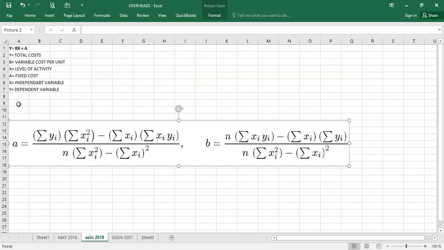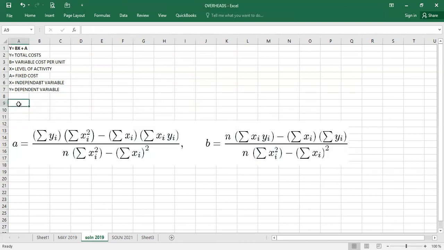And the other way you can find this A, we have an alternative for A. We can say that our A will be equal to this, because we just make A the subject of the formula, which will be our Y minus our BX. And as we say, this Y is the same as saying fixed costs.